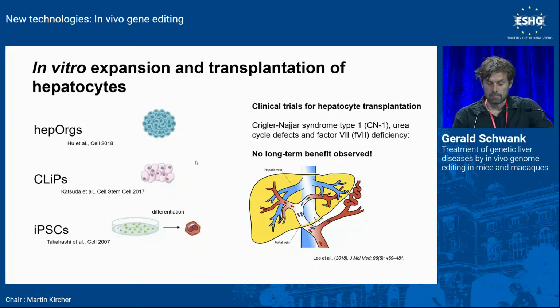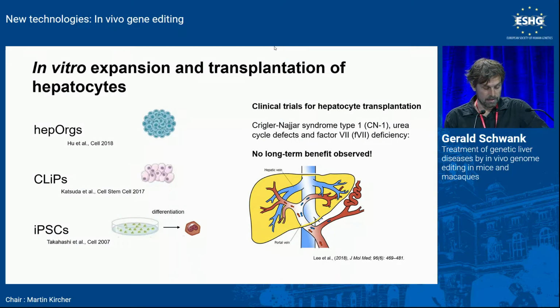Also, there have been already several clinical trials where not whole organ transplantation was used to treat patients with genetic liver diseases, but hepatocytes were isolated from donor livers and only hepatocytes were transplanted or infused into the portal vein of the patients. Unfortunately, in none of these clinical trials have really long-term benefits been observed.